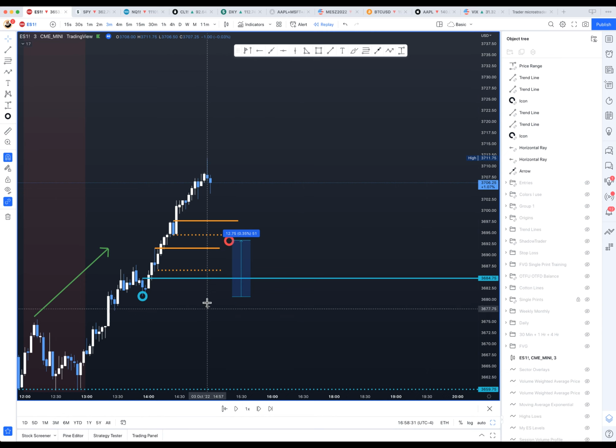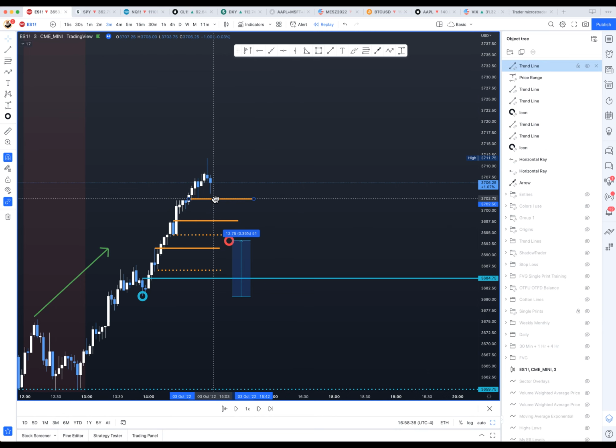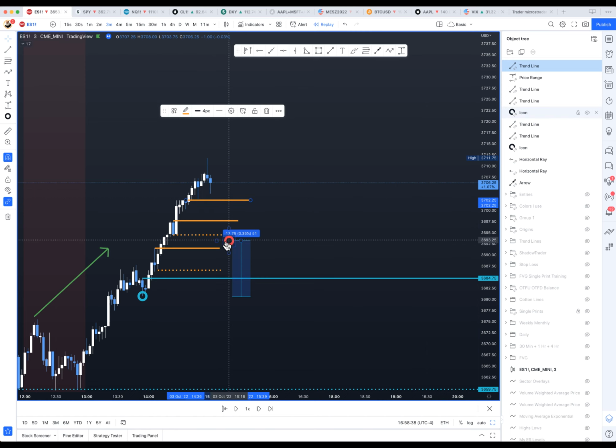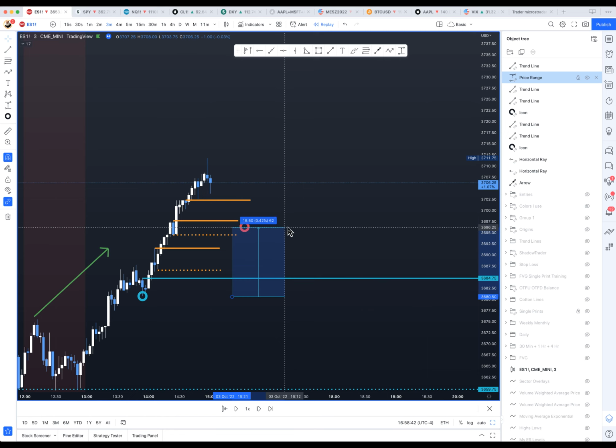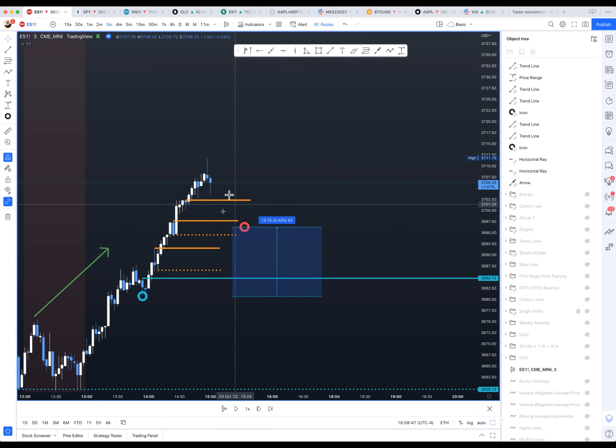All right. So as I'm watching that, I'm moving this to here. I'm moving my stop to underneath this one and measuring my lock-in profit, 16 points. I've got a double protection layer.